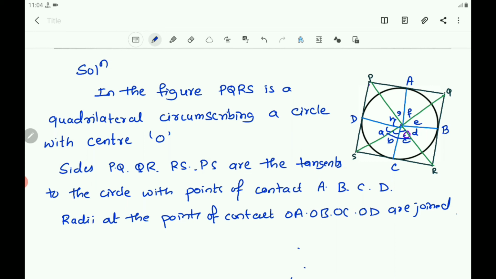And also you write OP, OQ, OR, OS are joined.